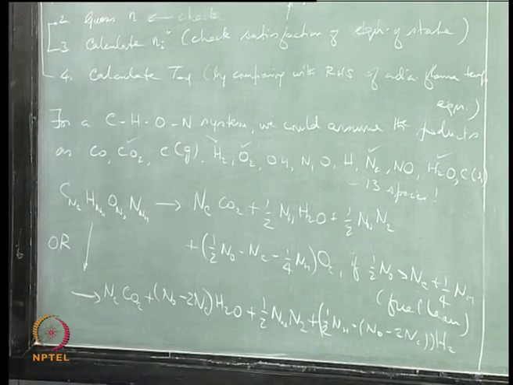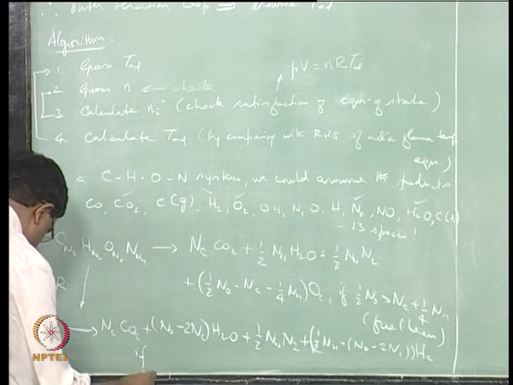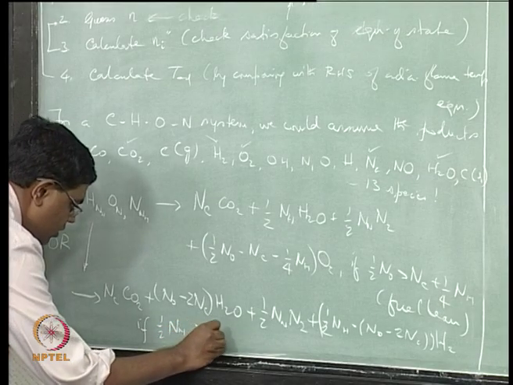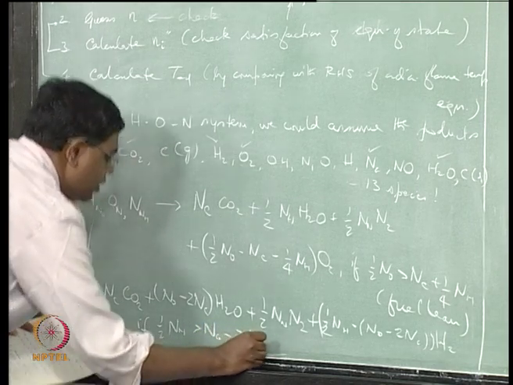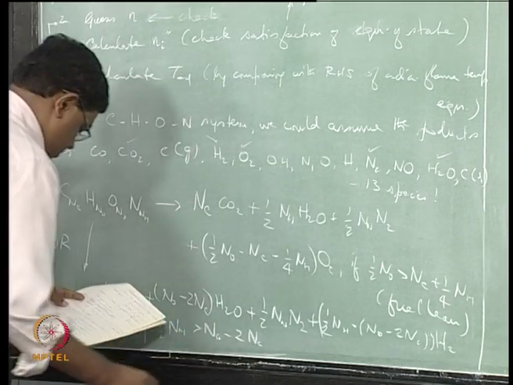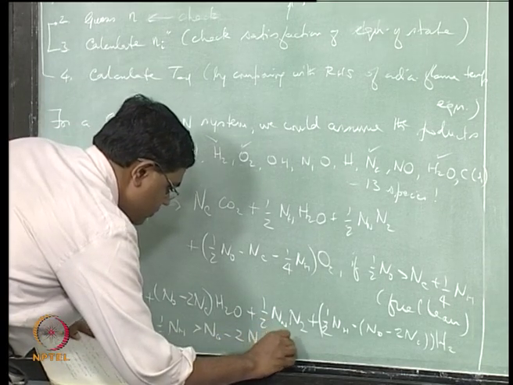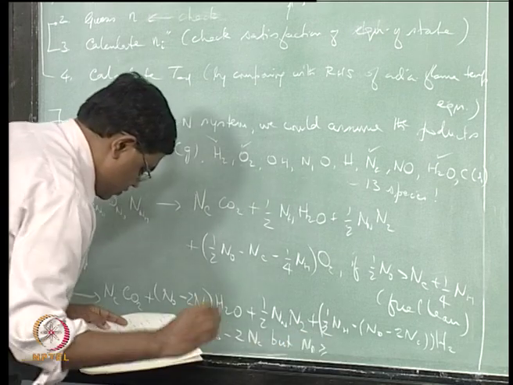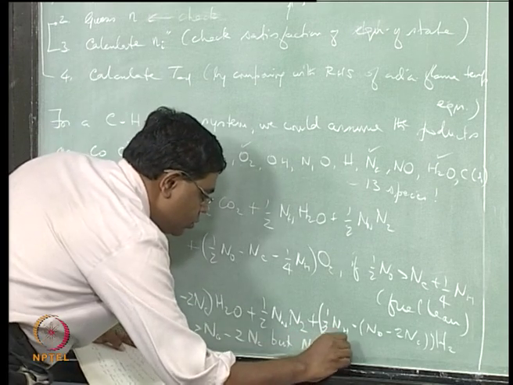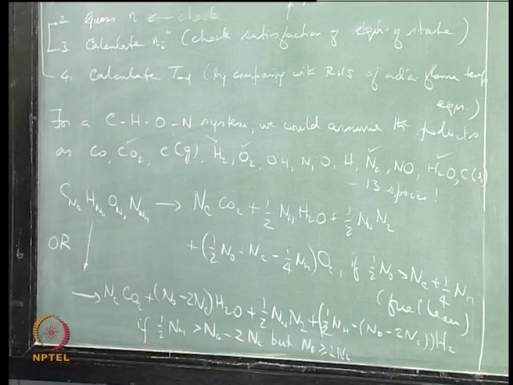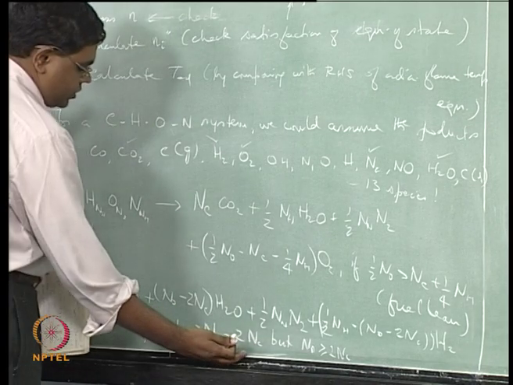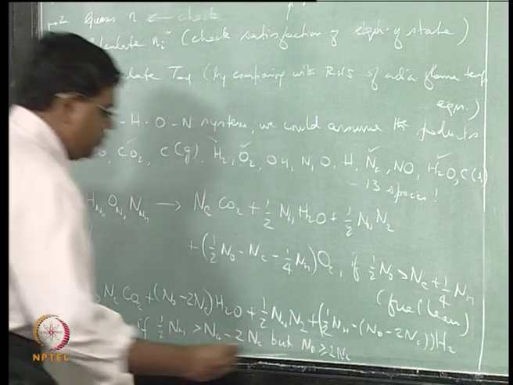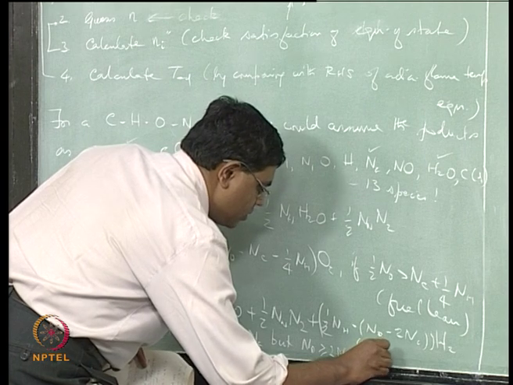This is if half NH is greater than NO minus 2 NC, which is supposed to be, but NO is much greater than, so not greater than or equal to 2 NC, right. So we want to have this combination, and then this should be less than the half NH. This is the fuel rich situation.